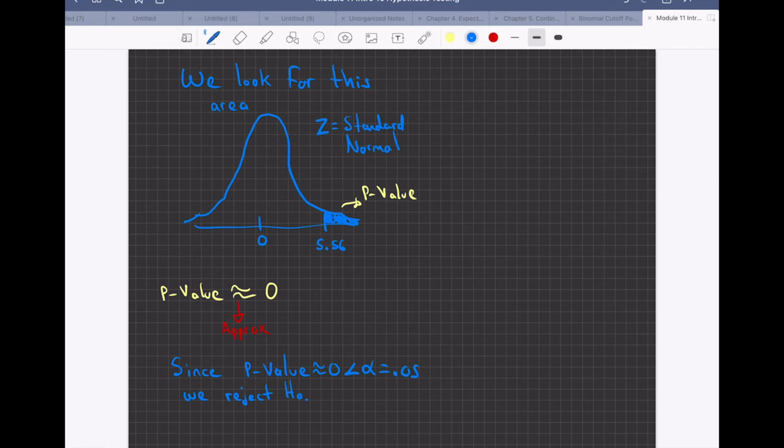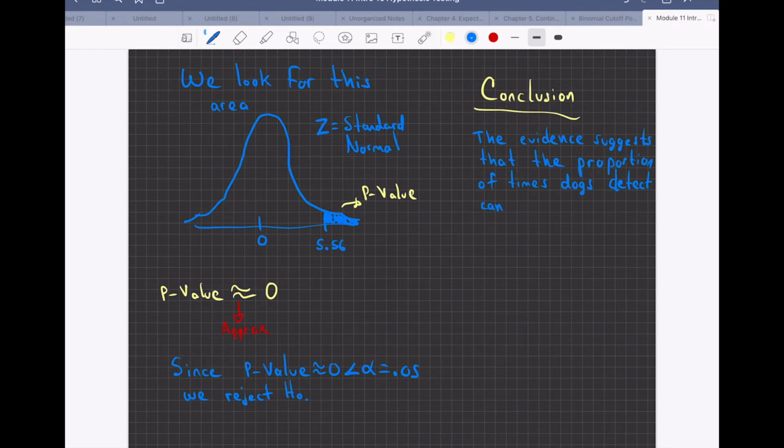Conclusion. The evidence suggests that the proportion of times dogs detect cancer, well, bladder cancer correctly, is greater than 1 out of 7.